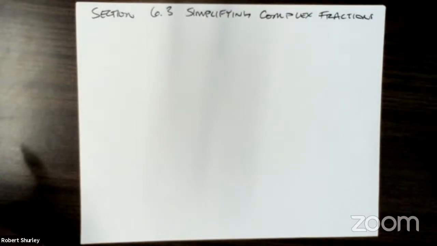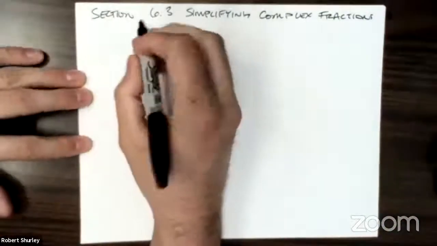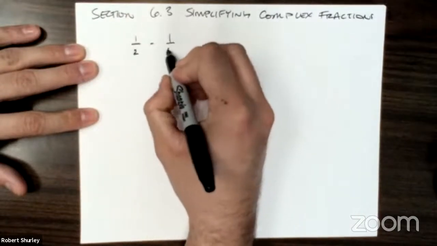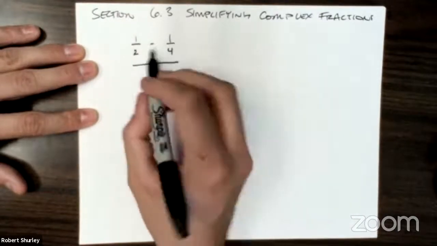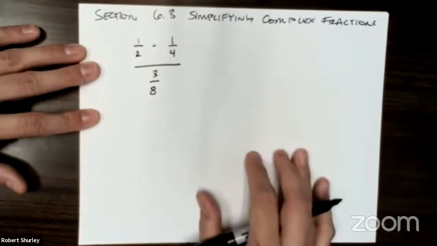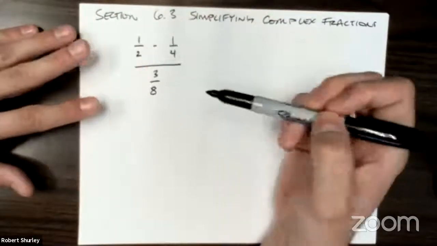So if we looked at a basic example with just numbers, let's say we had 1/2 minus 1/4 over 3/8. Okay, here's an example of a complex fraction. We've got multiple fractions inside fractions, right?